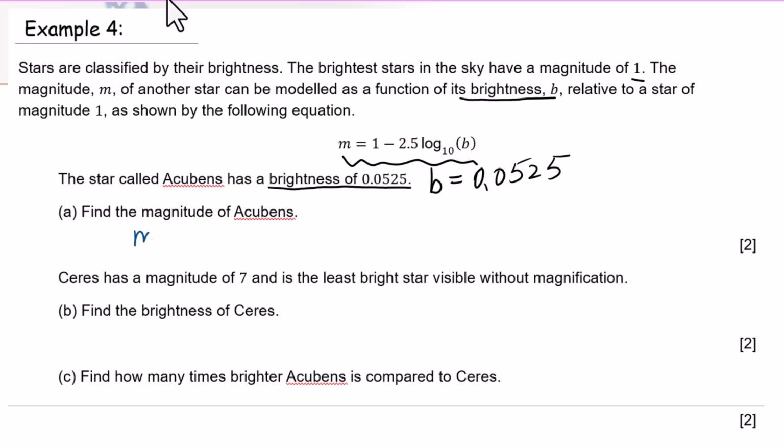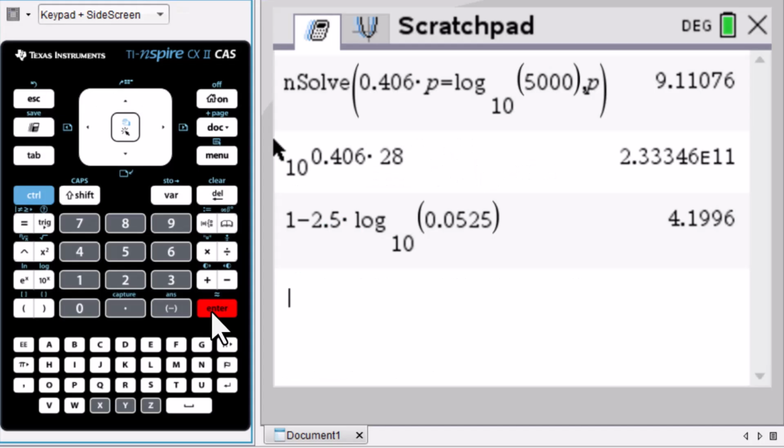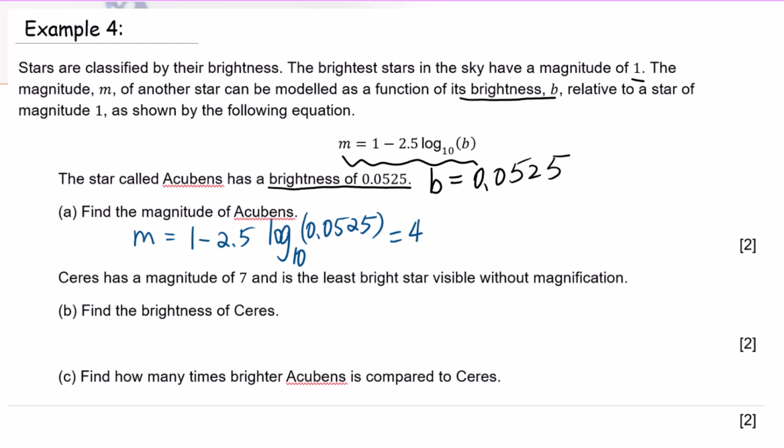M equals 1 minus 2.5 log base 10 of 0.0525. Go to calculator. 4.20 as 3 sig figs. Or you can write down the whole thing as a full answer. M equals 4.20.